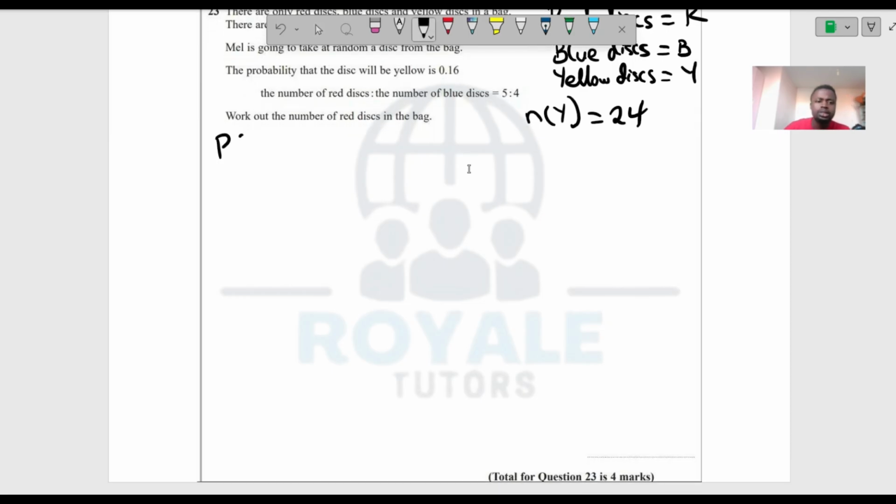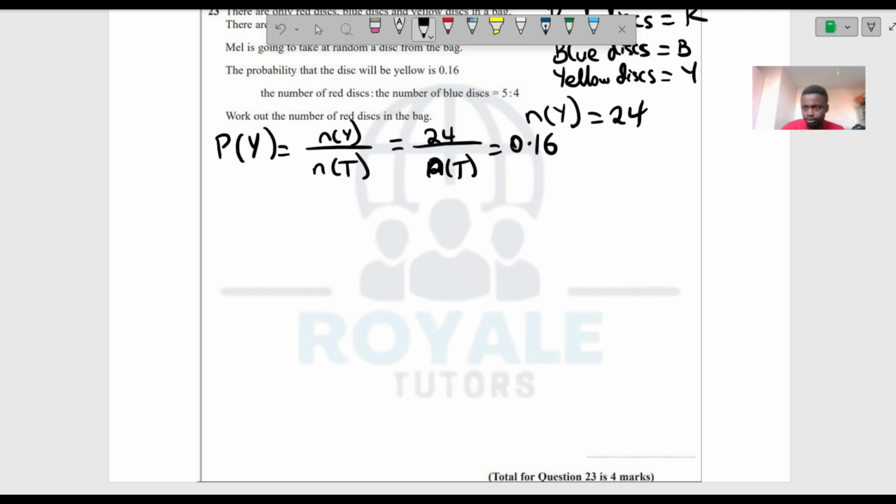Normally, if you want to find the probability of yellow, it should be the number of yellow divided by the number of total. That is the total number of discs you have there. So the number of yellow, which was given, is 24 over the number of total, which should give us 0.16. And 0.16 should be 16 over 100.